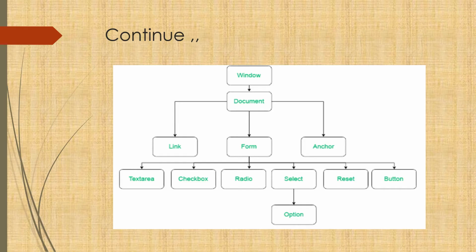Now we can see a picture of documents, showing how we can see documents on a web page. Here the first is a window that we open on our desktop, on our mobile phones and tablets, etc. And then on a window we have a lot of documents, like a lot of links on a web page, a number of forms and anchor tags on that web page.